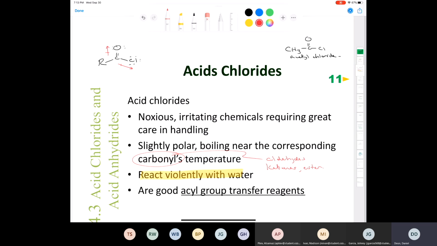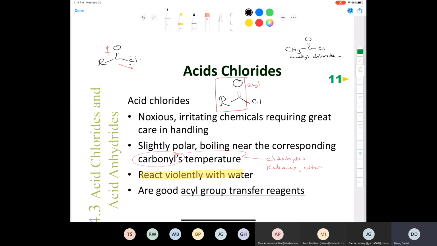But what acid chlorides are good for is that they're really handy in synthesis as acyl group transfer reagents. Now, if you're wondering what an acyl group is, if I go back and draw my acid chloride, this portion here is called the acyl portion.